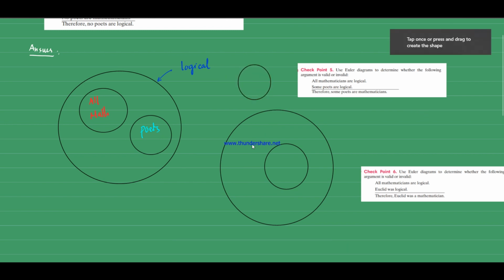So you see that this one I put all mathematician. This one I put logical. And the one over here I put poet. You see the poet over here and the all mathematician circle up here are also disjoint set.